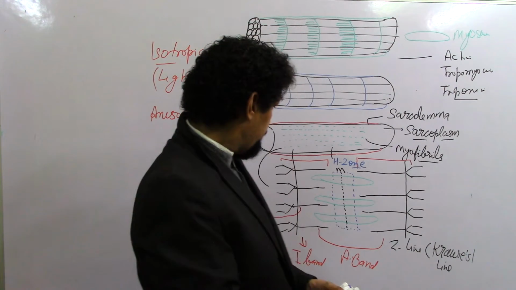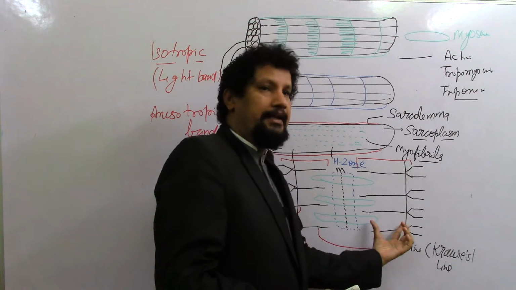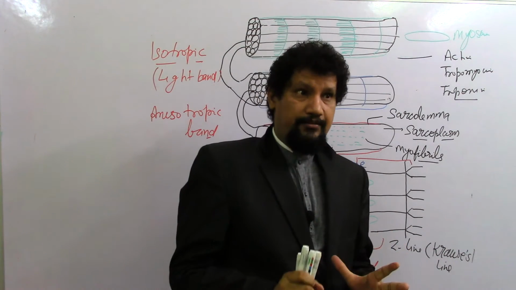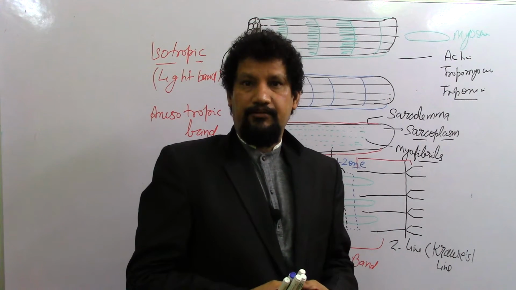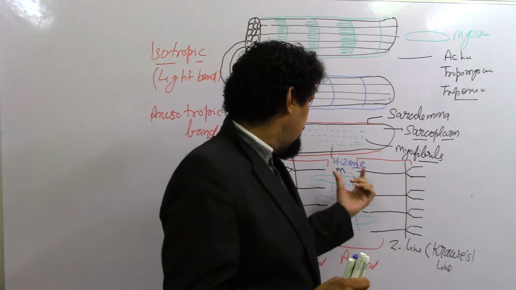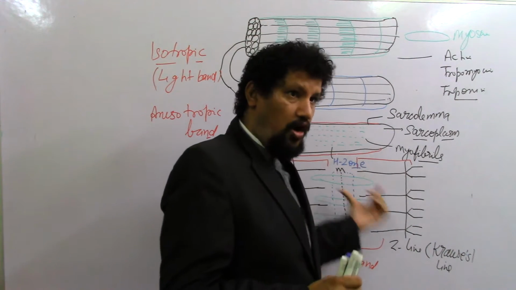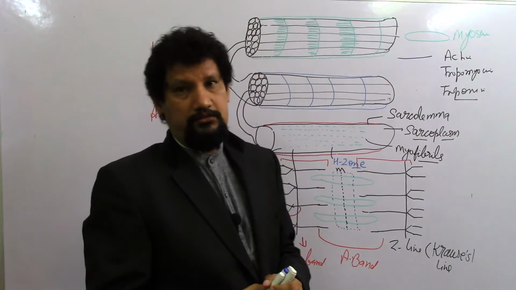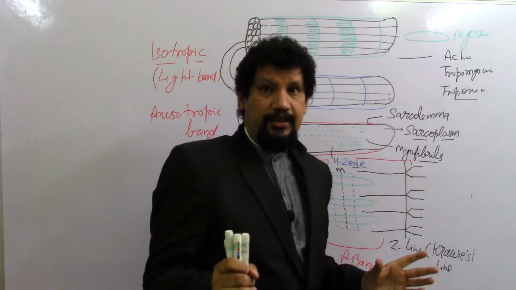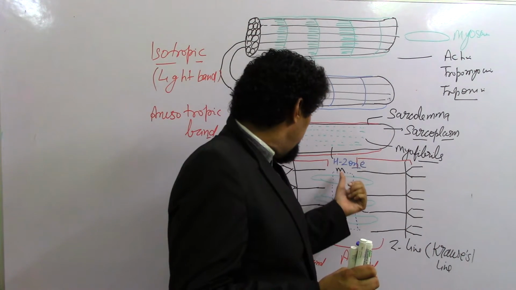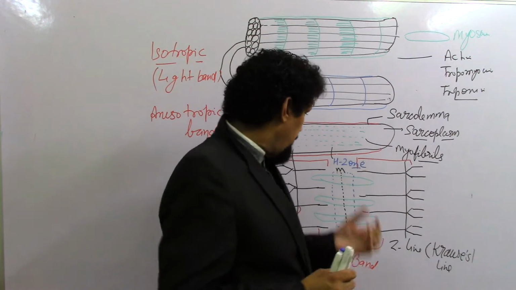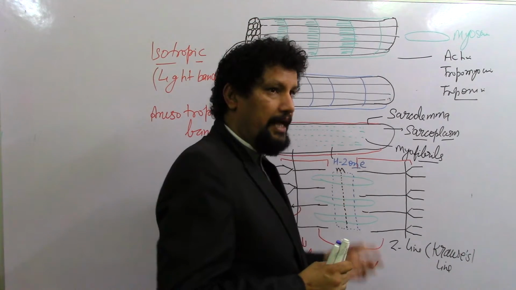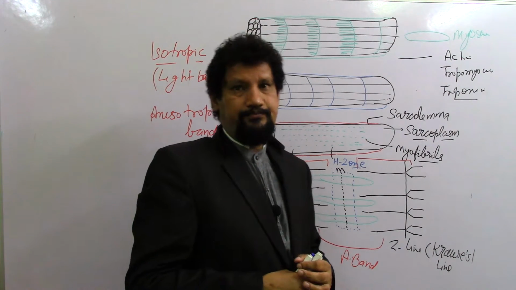So the dark band and light band. The central part of the dark band is comparatively light and known as the H zone, and the centralmost part of the H zone is comparatively darker and known as the M line.